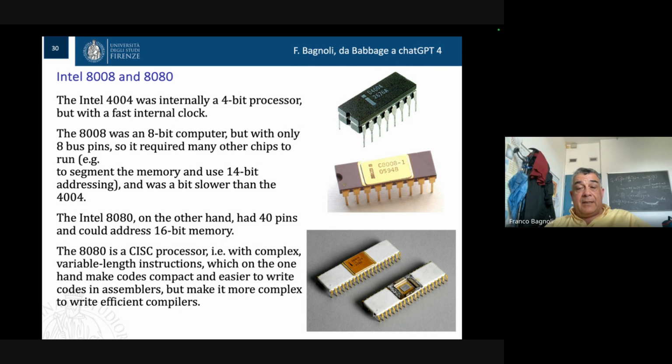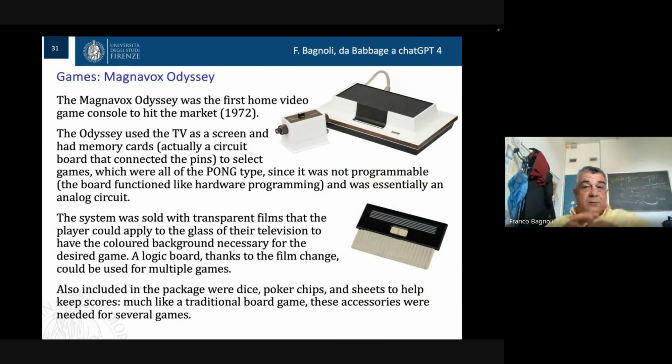This is extremely nice for human programmers. I remember having worked on the assembler of some processor in this family, and it was almost like a high-level language. But the problem is that compilers have very large difficulties in trying to optimize the code, because it was difficult to change the order of the operations, to replace one operation with others, or to group them together.